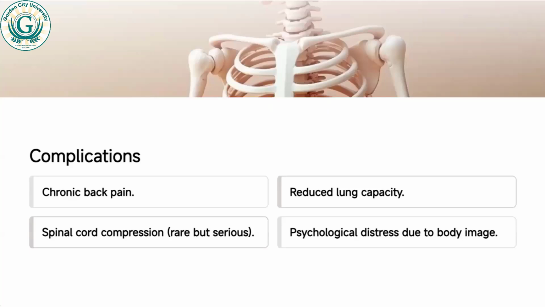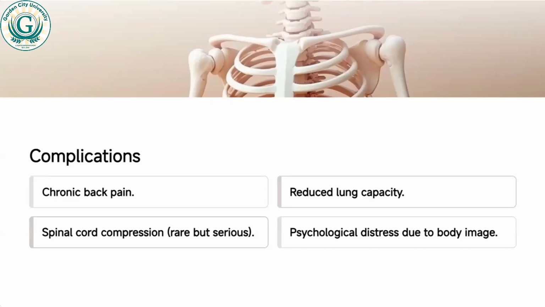So the complications are the same thing as we talked about in scoliosis. So chronic back pain, if nothing is being done about it, reduced lung capacity or lung function because of the compression of the lungs. Spinal cord compression is mostly rare, but it's very serious.